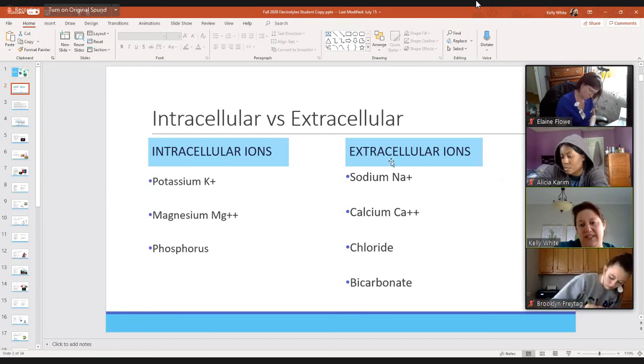Your extracellular ions are going to be more concentrated on the outside of the cell. Okay. Some examples of electrolytes that are inside the cells are your potassium, your magnesium, and your phosphorus. And predominantly outside the cell, you're going to see sodium, calcium, chloride, and bicarb.